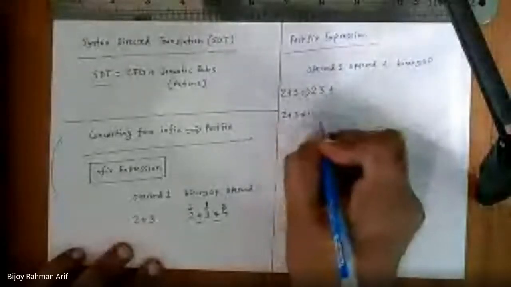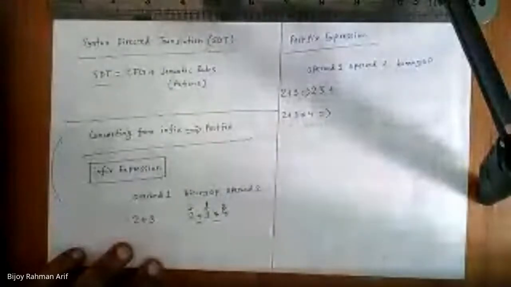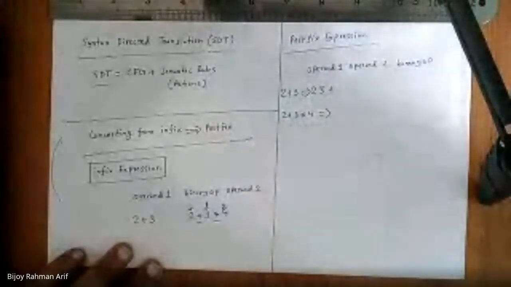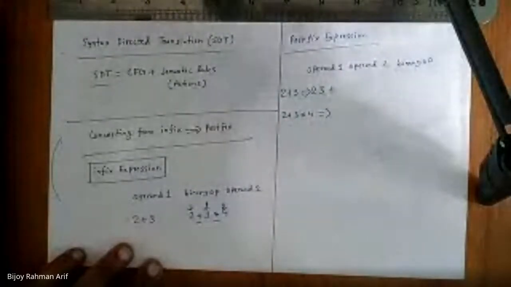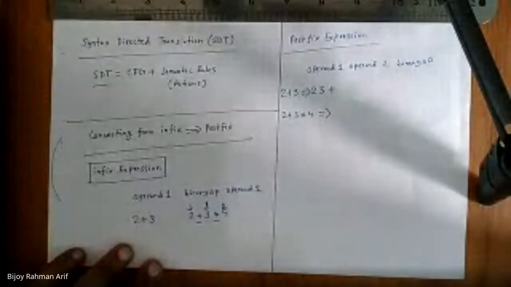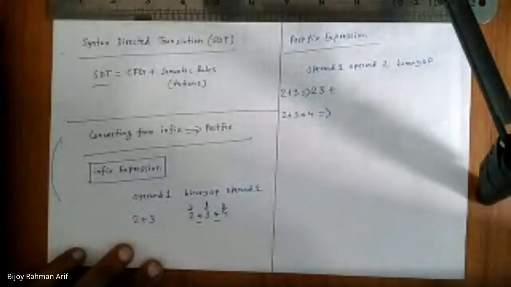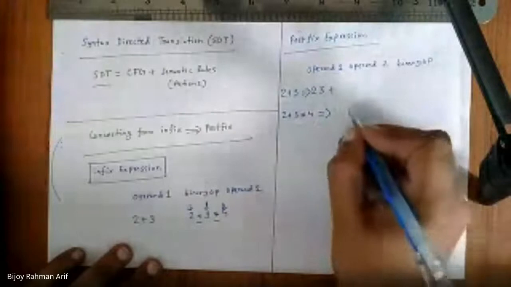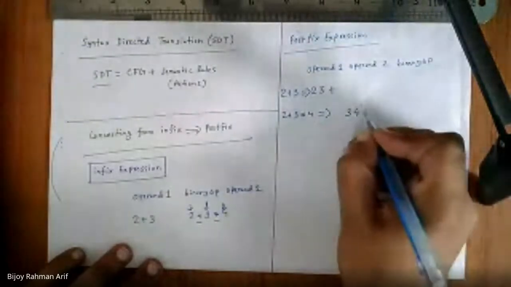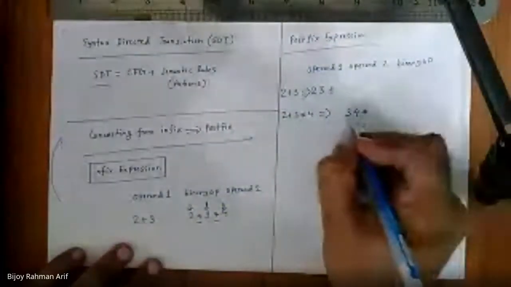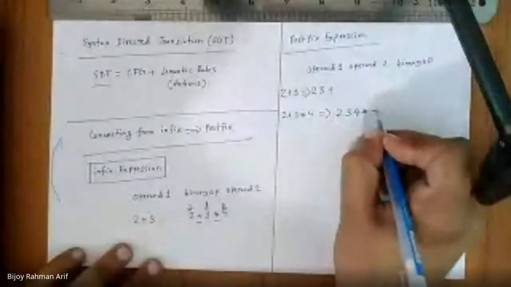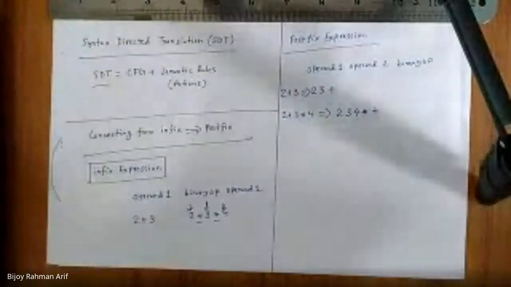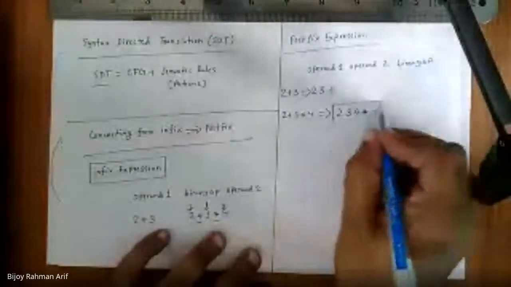How can you write it in postfix expression? We have to perform 3, 4, star first. Then we have to perform plus. Did you get it? This would be the correct expression.